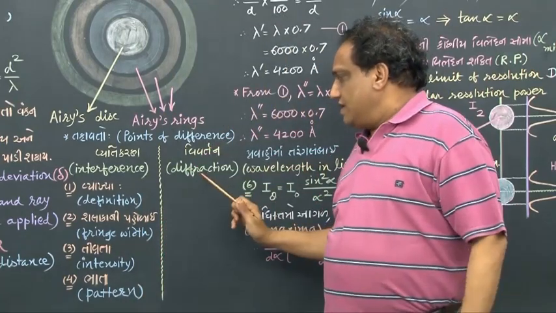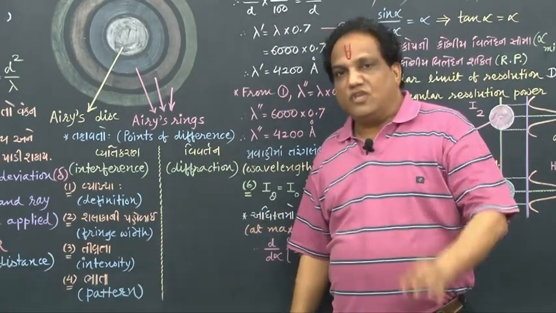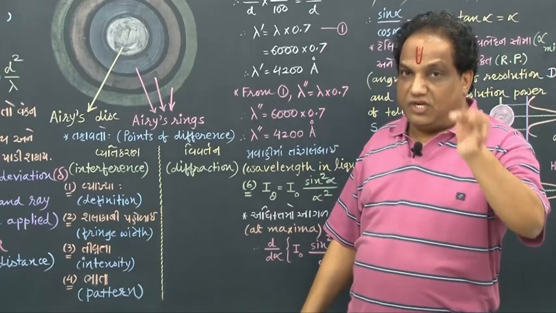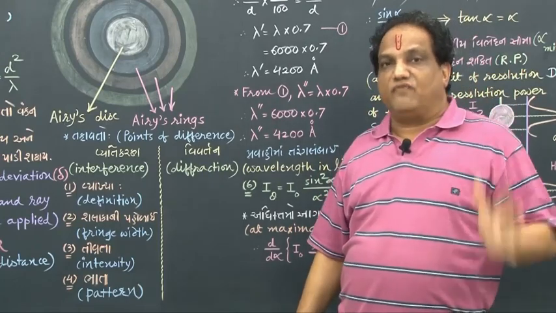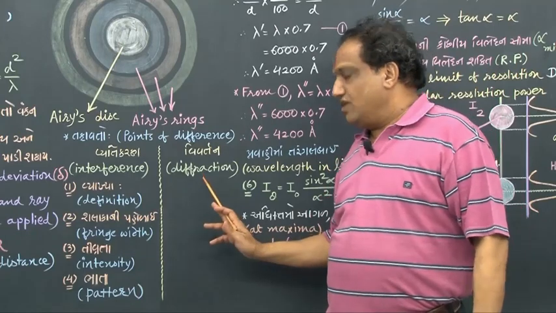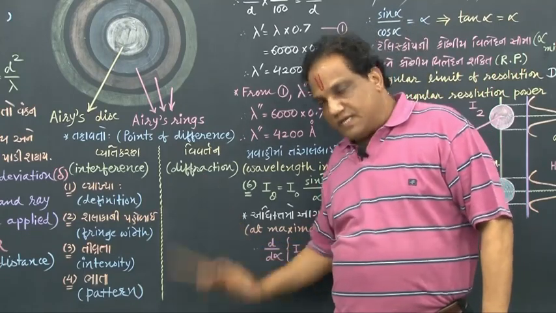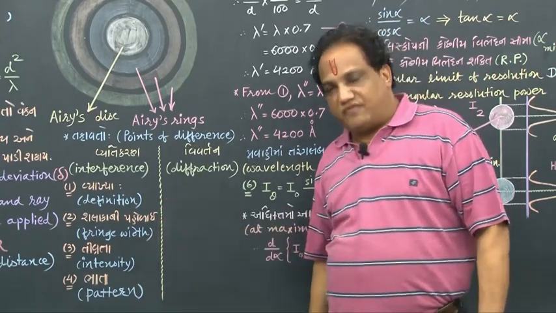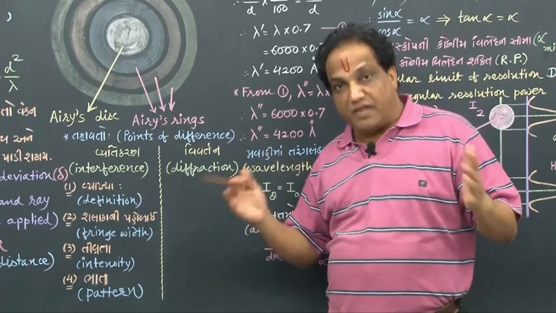What about definition of diffraction? Physical effect arising due to limited part of a wavefront is called diffraction. Correct? That is the first point of difference regarding their definition, regarding their meanings.